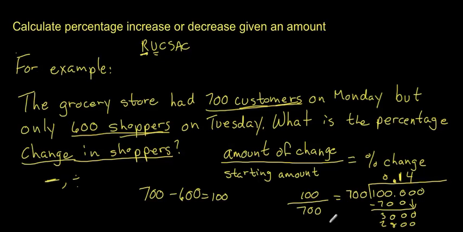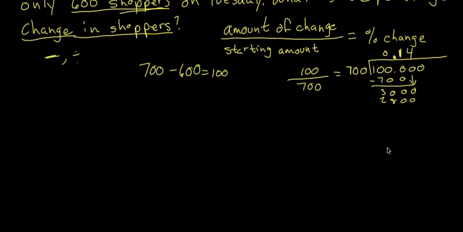4 times 700 is 2,800, and I'm running out of space, so I'll just pause for a second and move everything up. So we subtract that, and that leaves us with 200. Bring down another 0, leaves us with 2,000, and I don't think we'll go any further after this. This is 1,400. That leaves us with 600.